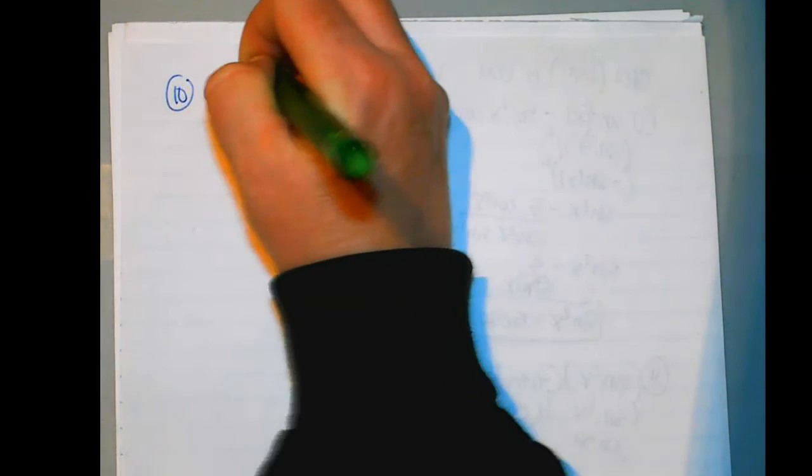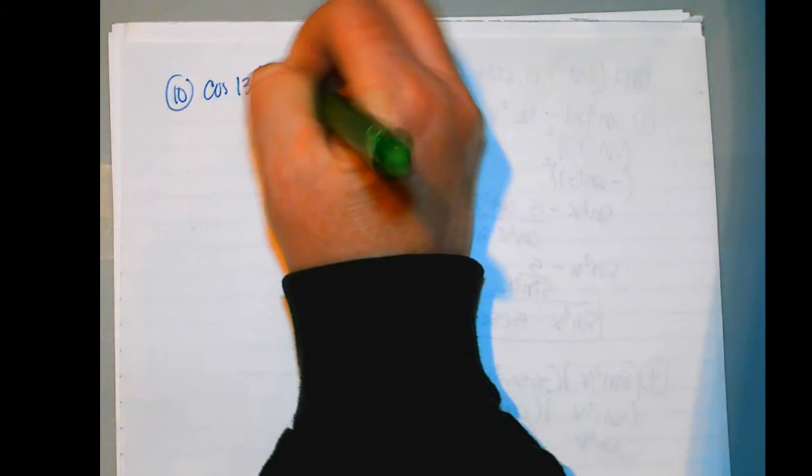So first you had to write down what they gave you. So 10 said cosine of 131 degrees, cosine of 28 degrees, plus sine of 131 degrees, sine of 28 degrees. So what is this?